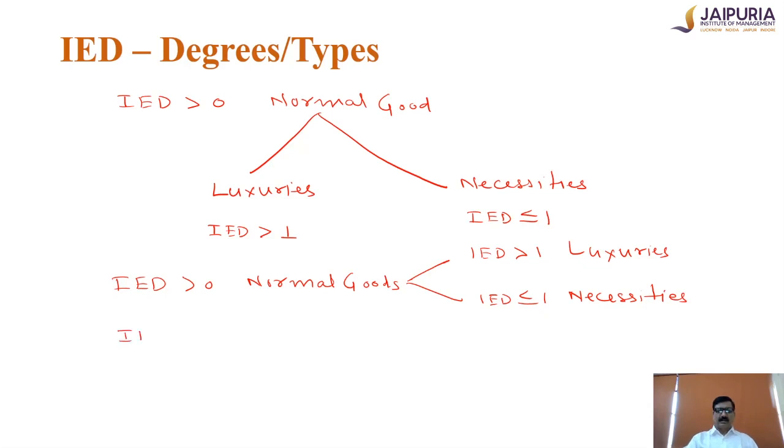Secondly, IED may be less than 0. This is the case of inferior good. And third, IED is equal to 0. This is the case of sticky good. Thank you.